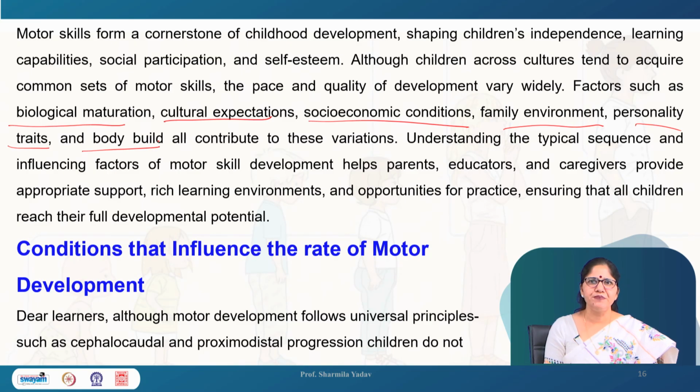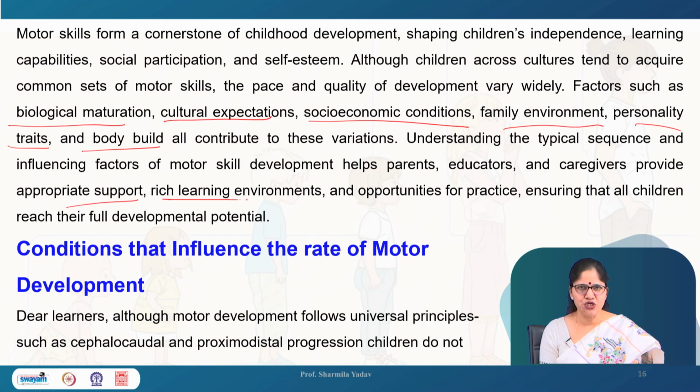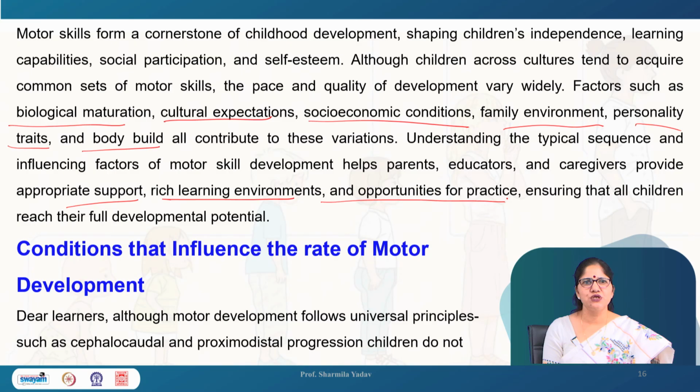Understanding the typical sequence and influencing factors of motor skill development helps parents, educators, and caregivers provide appropriate support, rich learning environments to the child, and maximum opportunities for practice, ensuring that all children reach their full developmental potential.